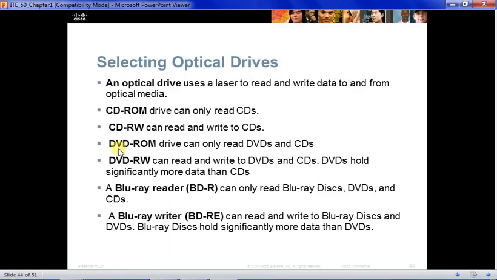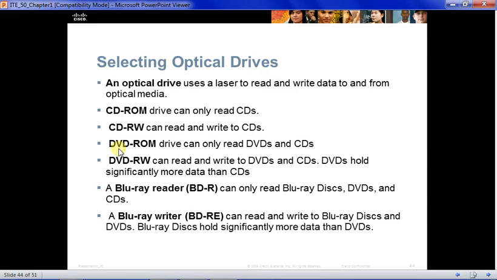Optical drives can be CD-ROMs, DVD-ROMs, or Blu-ray players. A CD-ROM is a drive that can only read CDs. A CD-RW can read and write CDs.